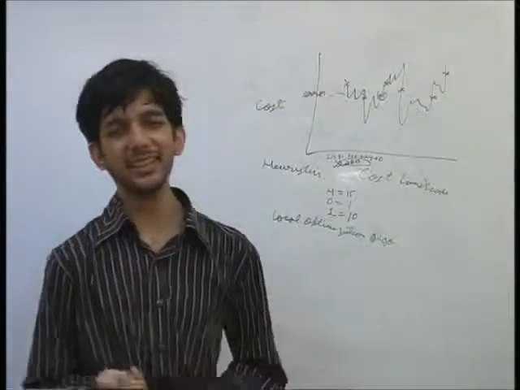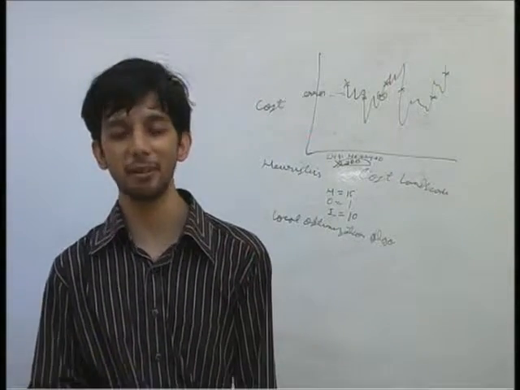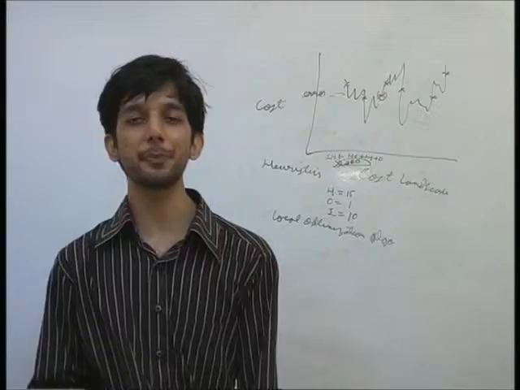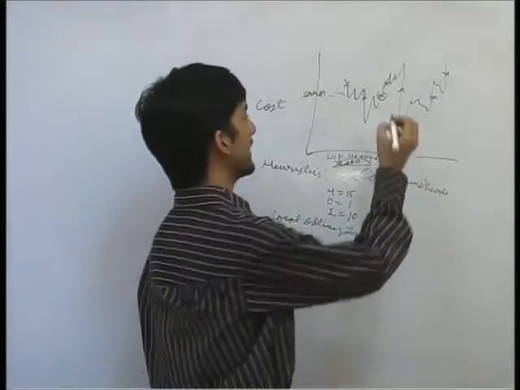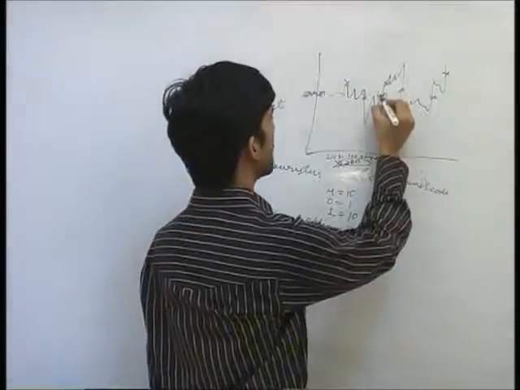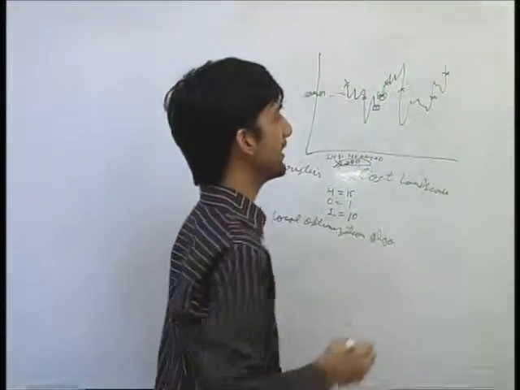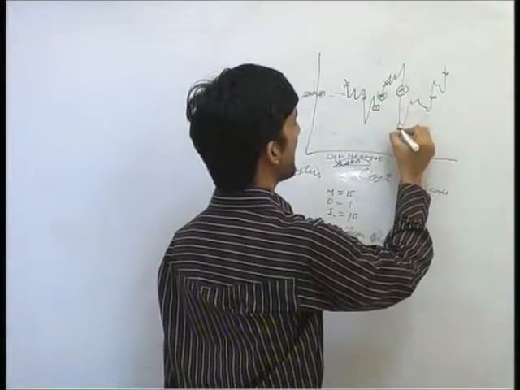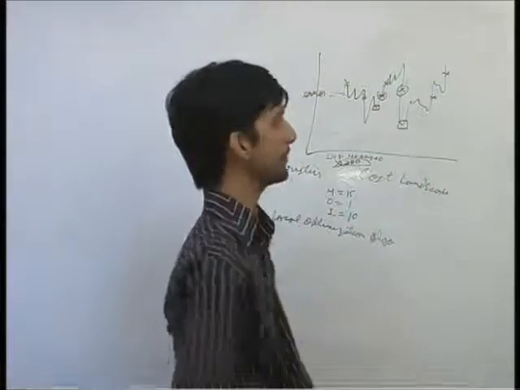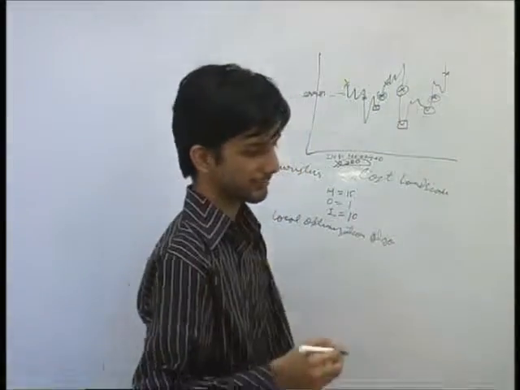Whenever this individual is given to a local optimization algorithm, it will in very small instances of time place it here. When this individual is given, very soon it will place it over here.